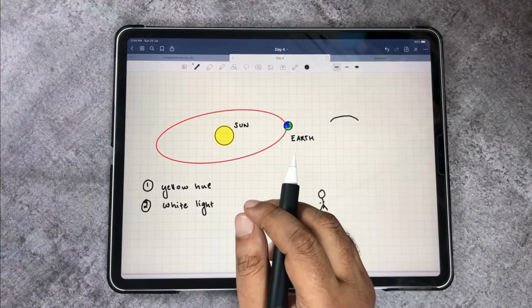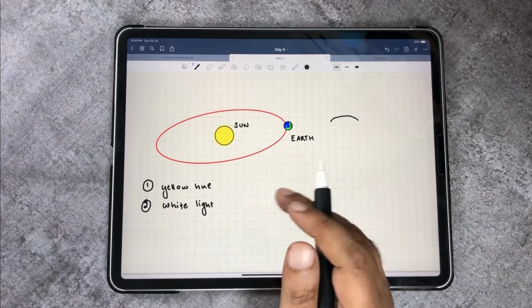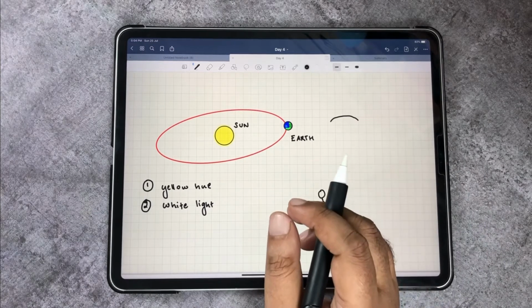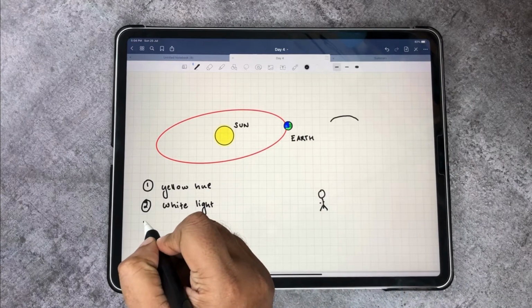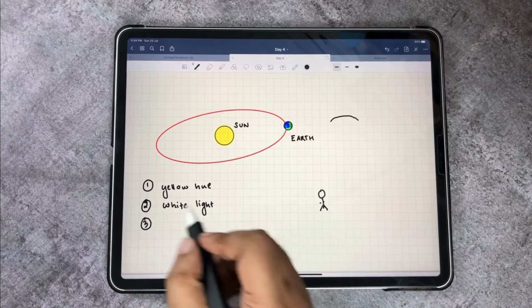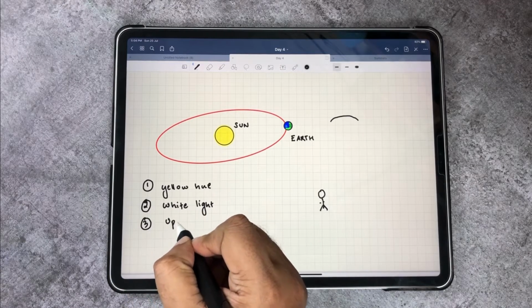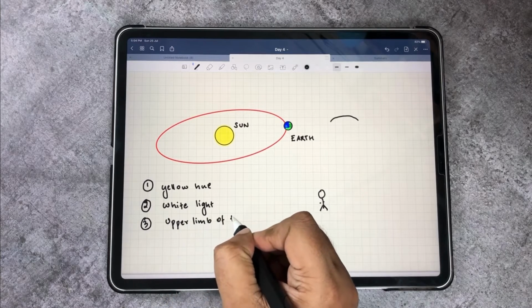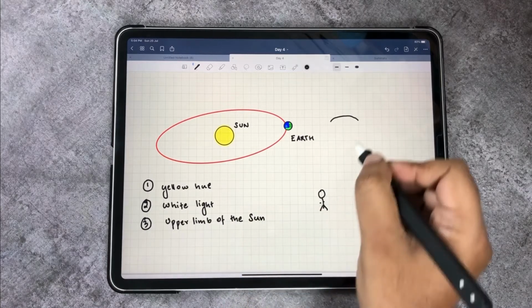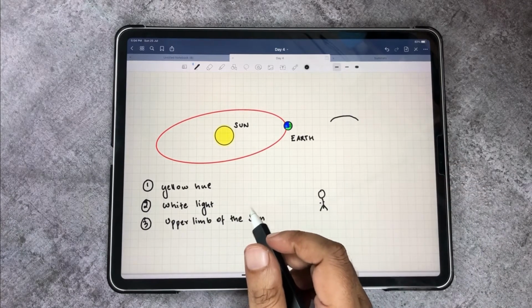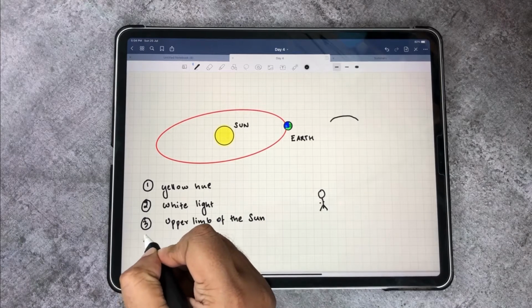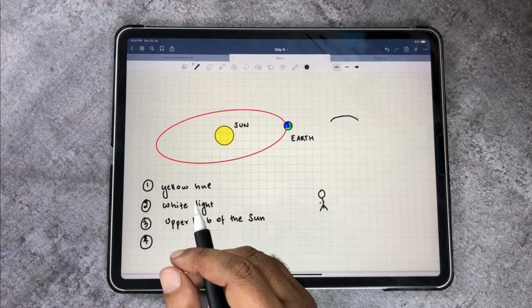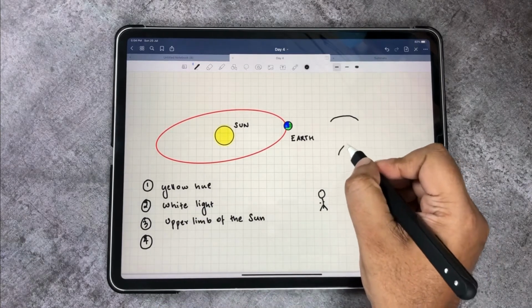Then you would be able to see the form or the upper limb of the sun rising along with light spreading in all directions owing to atmospheric refraction. That would be the third stage. That is, you see the upper limb of the sun, like this here. What would be the next stage or the fourth stage? In this fourth stage, you would see the first half of the sun or the middle portion of the sun, like this.